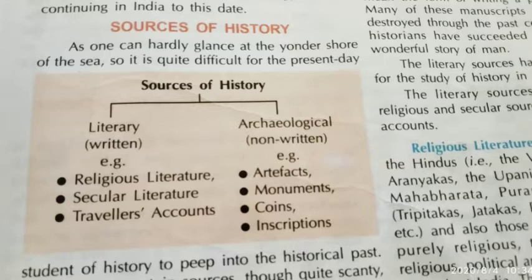Now, the religious books of Hindus: we have so many books like the Vedas, the Brahmanas, the Aranyakas, the Upanishads, the Ramayana, the Mahabharata, the Puranas, etc. And the Buddhist Tripitakas, Jatakas, Dipavamsa, etc. These books give us information about the past.